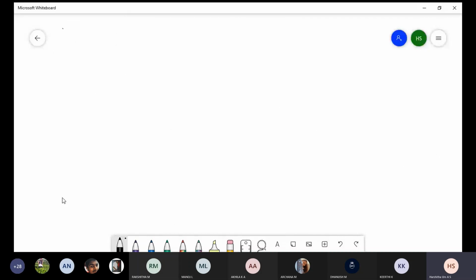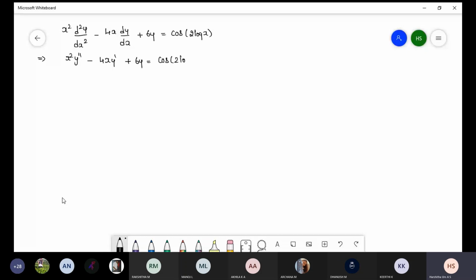x square d square y by dx square minus 4x dy by dx plus 6y is equal to cos of 2 log x. So here also, first x square y double dash minus 4x y dash plus 6y is equal to cos of 2 log x.